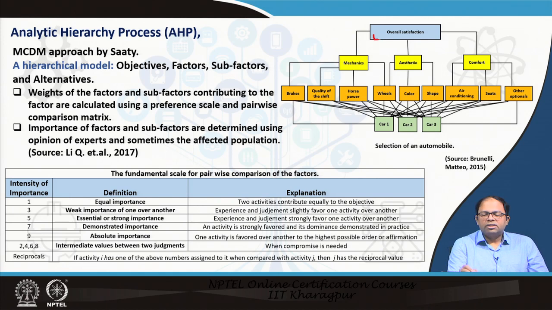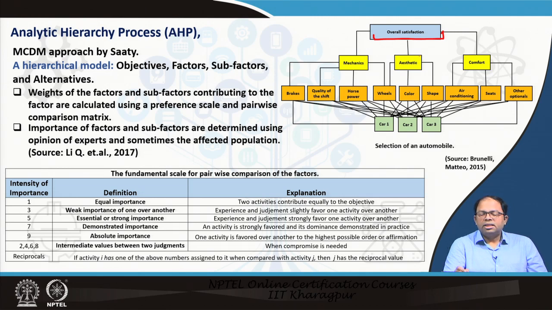The objective is to determine the highest overall satisfaction, and we have factors like the mechanics of the car, the aesthetics of the car, and the comfort level offered by the car. These are the three factors being considered. Then we have sub-factors. For mechanics, we have brakes, quality of shift, that means the quality of the gear, then the horsepower, the power of the vehicle, and even the wheel sizes may play a role.